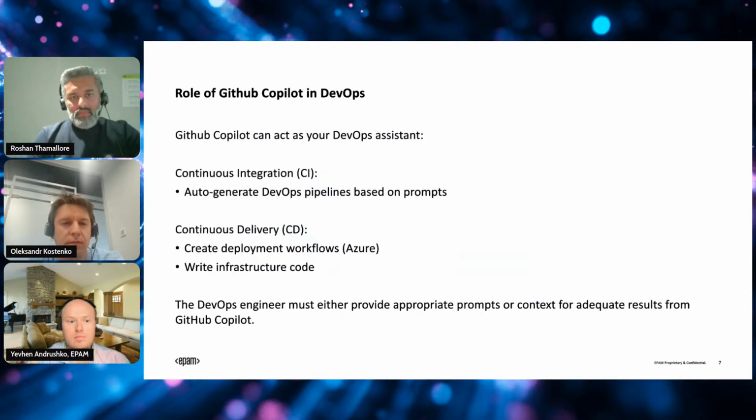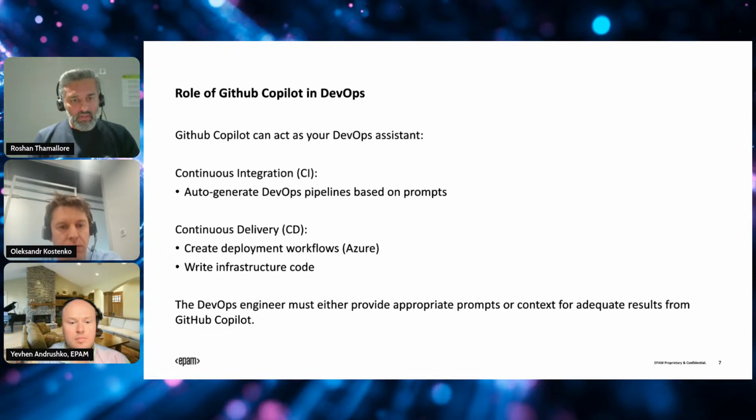Going forward, let's talk specifically about DevOps and what would be the role of GitHub Copilot in the DevOps context. GitHub Copilot can act as a DevOps assistant. When it comes to continuous integration, GitHub Copilot can be used to auto-generate DevOps pipelines based on certain prompts, and we'll see some examples of that. It could generate pretty mature CI pipelines for us.